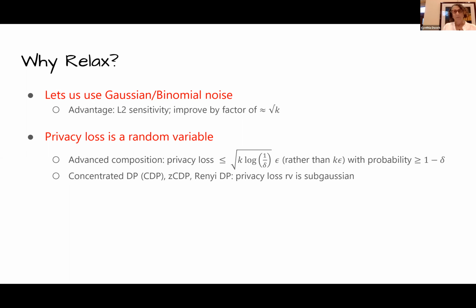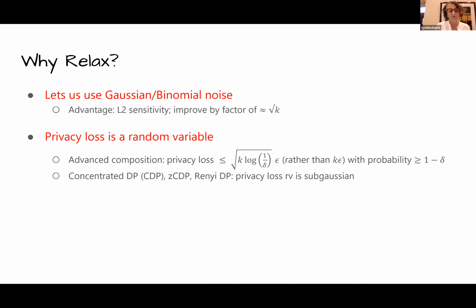Also, privacy loss is a random variable. The bound epsilon is an upper bound on privacy loss, and usually things aren't as bad as that. In fact, usually the privacy loss looks more like epsilon squared. So when epsilon is less than 1, that's a huge advantage.